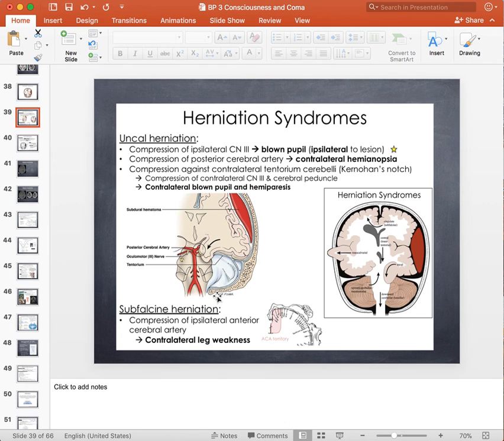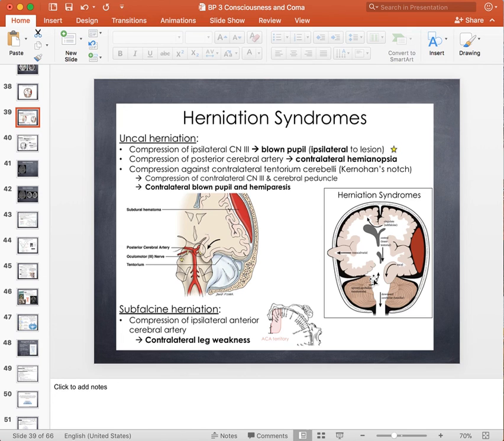Yep. As things progress even further, the brain is pushing and pushing and pushing. Ultimately, the brainstem gets compressed against the other side of the brain, the so-called Kernohan's notch. And this results in compression of the other cranial nerve 3, as well as the cerebral peduncle on that side.